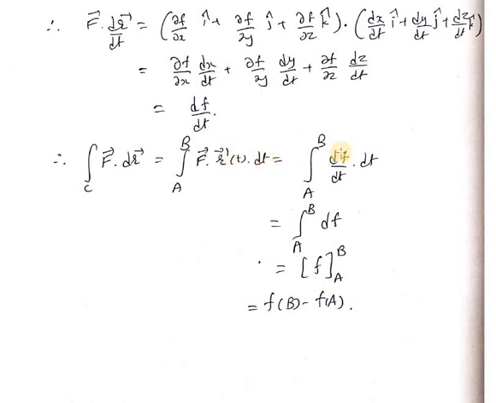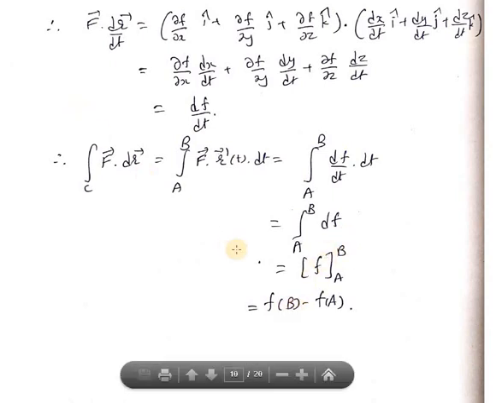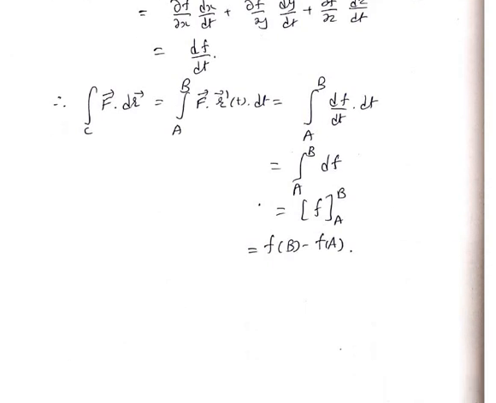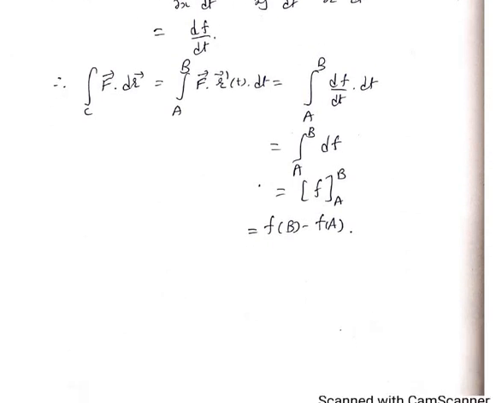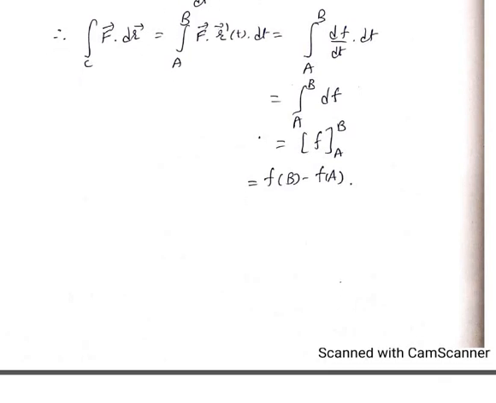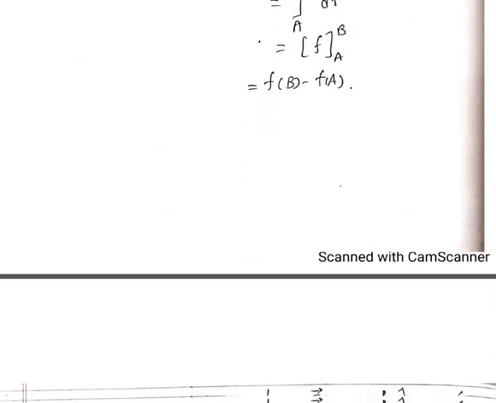This is F bar dot r dash, that is dr by dt, which is nothing but dF by dt, that will give you integration of dF, and integration of dF will be F. If you put the limits, this integration reduces to F(b) minus F(a). So this is the simple thing we use whenever your integration is not depending on path.